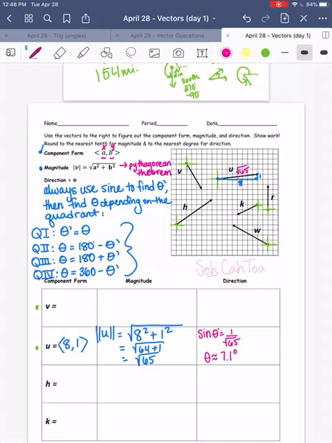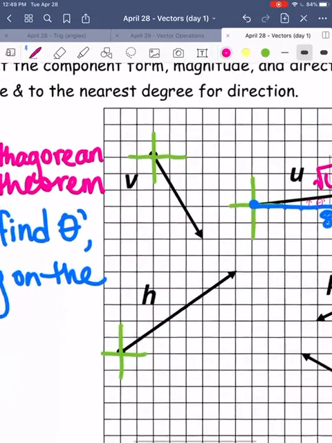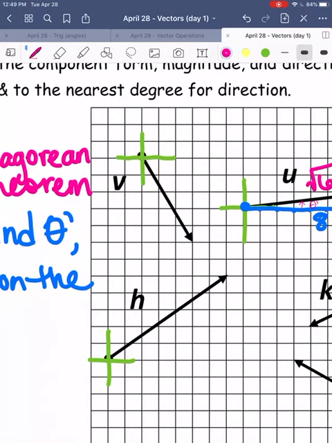All right, let's do another one with V. Now, V should be a little bit trickier because it is not in quadrant 1. That's why I picked U to do first, because it's in quadrant 1. Now, V is not in quadrant 1. So we should automatically think our angle should be between 270, which is here, and 360 degrees, which is here, right?